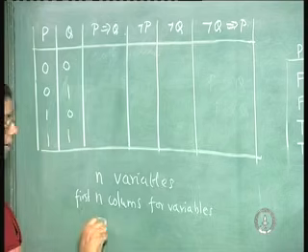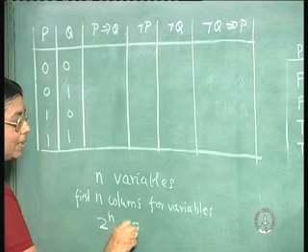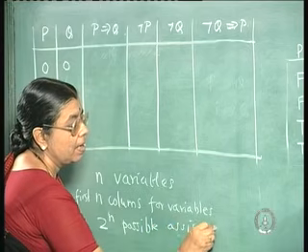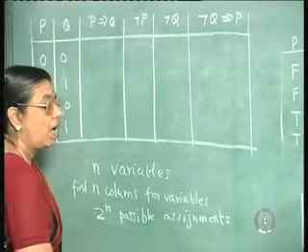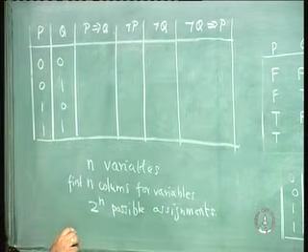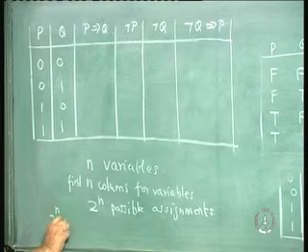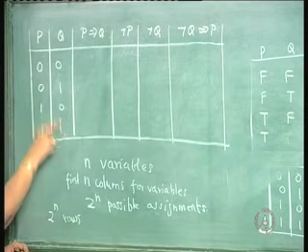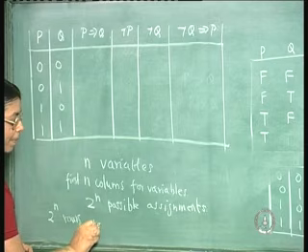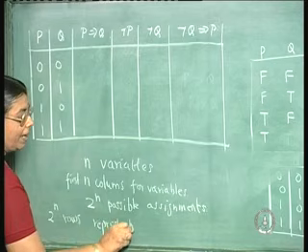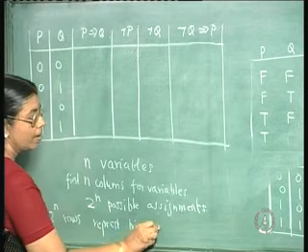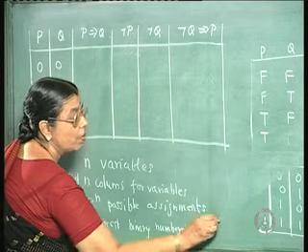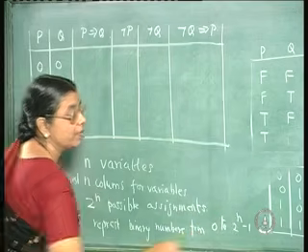So, there will be 2 power n possible assignments of truth values to the variables, and so there will be 2 power n rows. If you look at them carefully, they are representing binary numbers 0, 1, 2, 3. So, they will represent binary numbers from 0 to 2 power n minus 1.